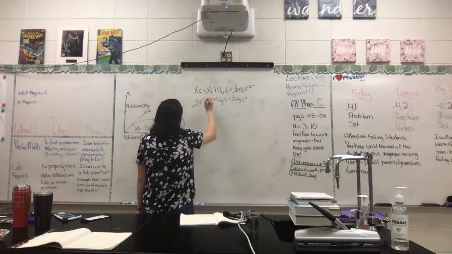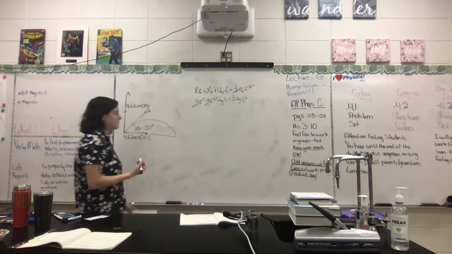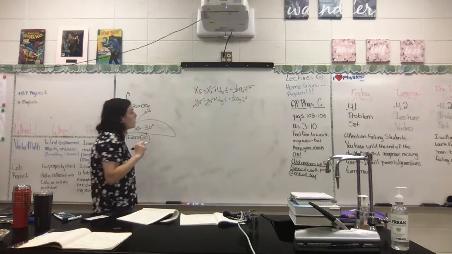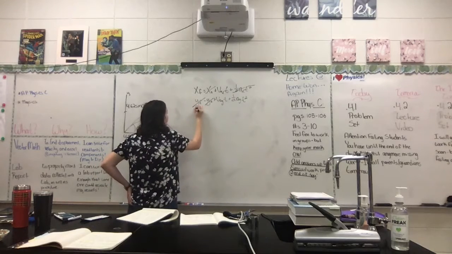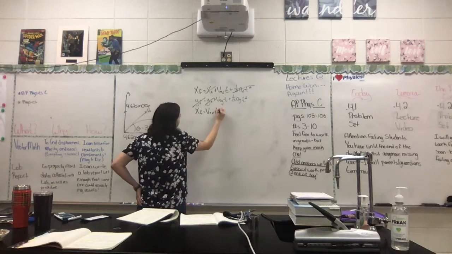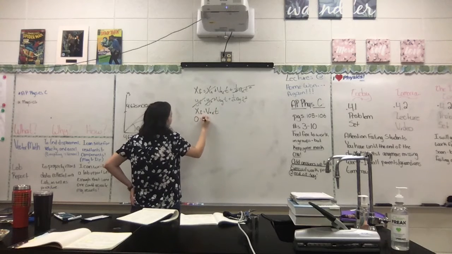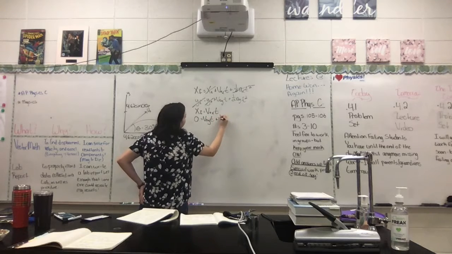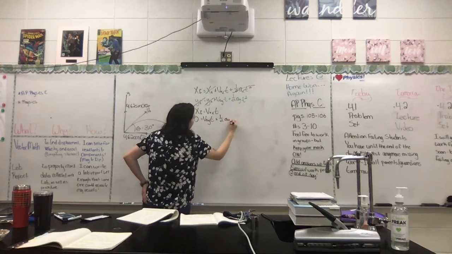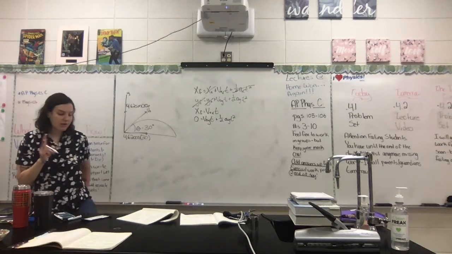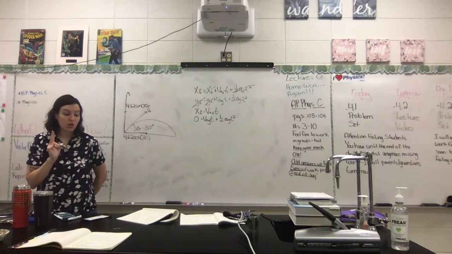And we know that when the frog lands, his final position is going to be 0. So what we're going to get here is that xf equals v naught x t, and that 0 equals v naught y t plus 1/2 a y t squared. Those are going to be our two equations here.